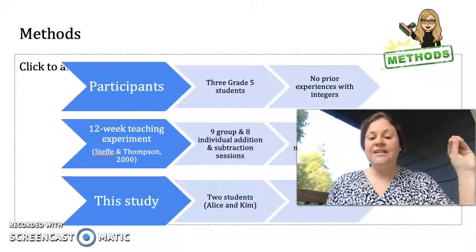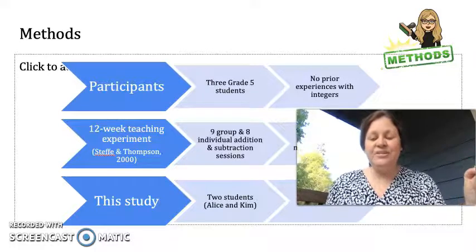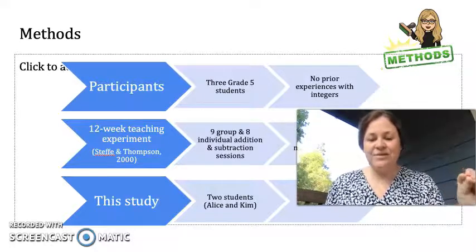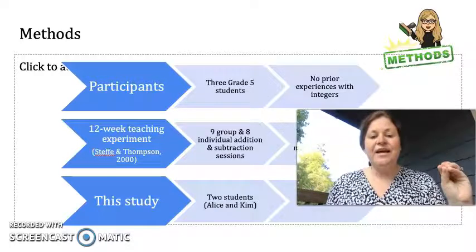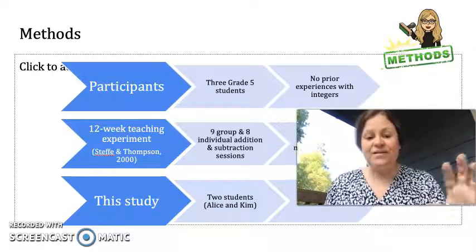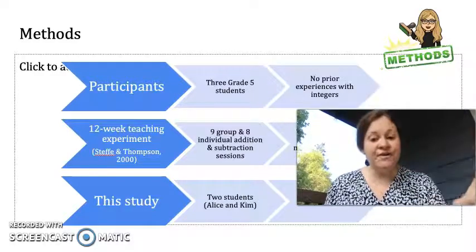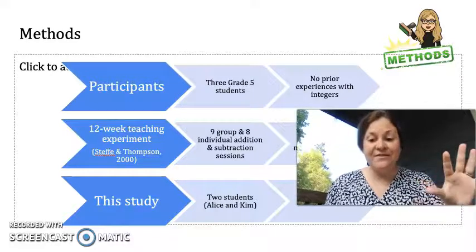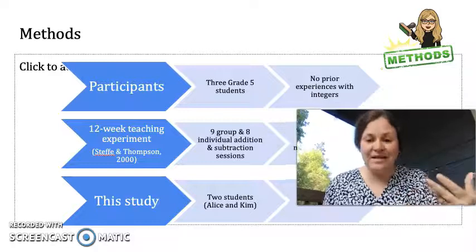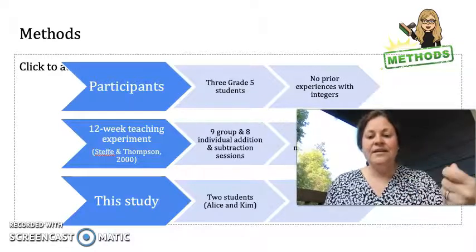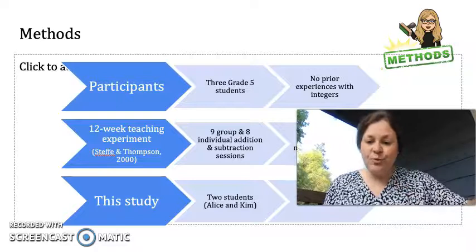I had conducted a 12-week teaching experiment, a Steffe and Thompson 2000 teaching experiment, on addition and subtraction. So I did 9 group sessions with them, 8 individual sessions on integer addition and subtraction. As part of that, I was studying the ways that they were constructing meaning. I wasn't giving top-down instructional models. This is reported elsewhere.